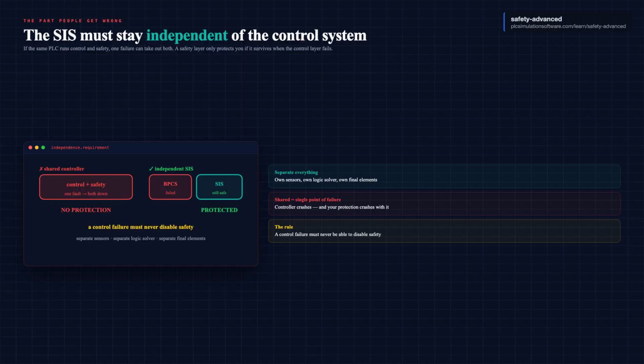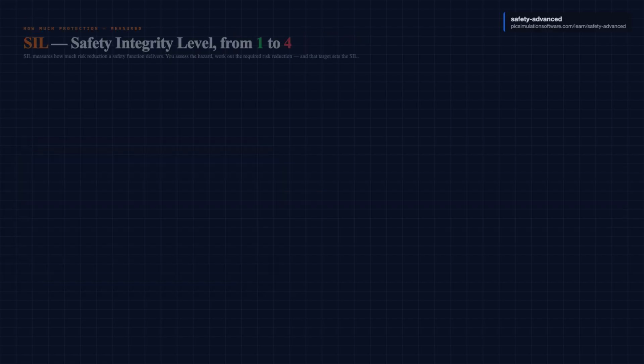The controller crashes, and your protection crashes with it. That is no protection at all. The whole point of a safety layer is that it survives when the control layer fails. So the SIS gets its own hardware, its own wiring, its own certified logic solver. A control failure must never be able to disable safety. Keep them apart, and a fault in one cannot blind the other.